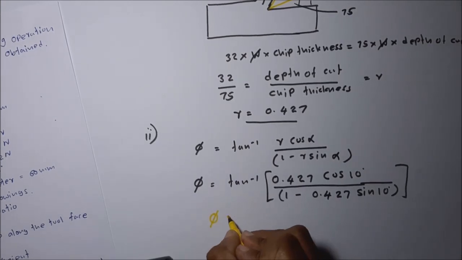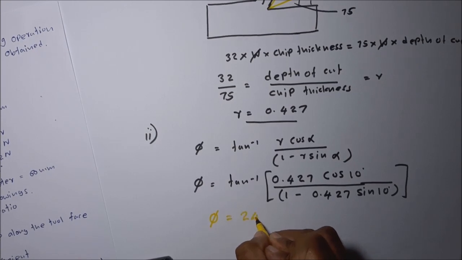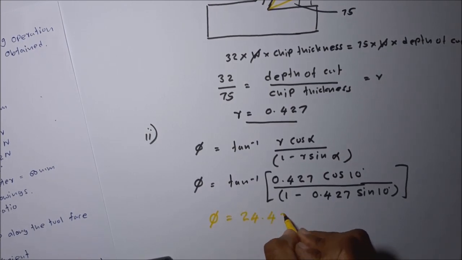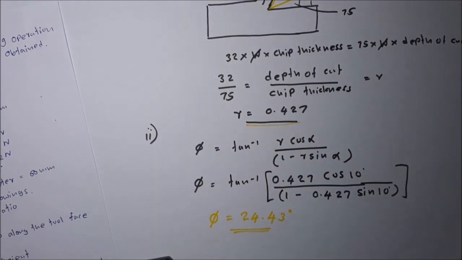Therefore phi I am getting 24.43 degrees. Okay, this is the chip thickness ratio and this is the shear plane angle we calculated.